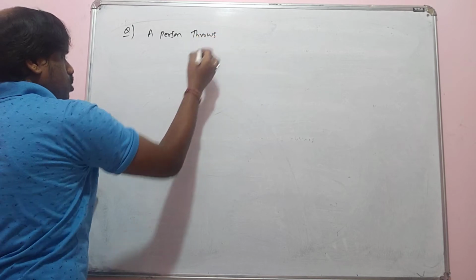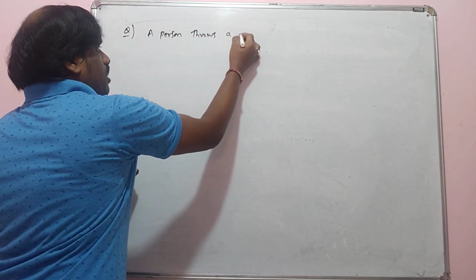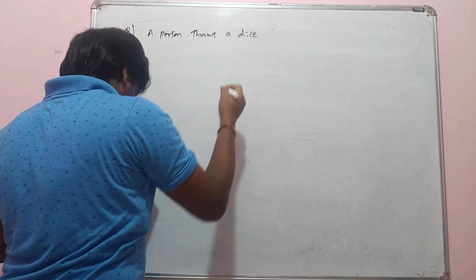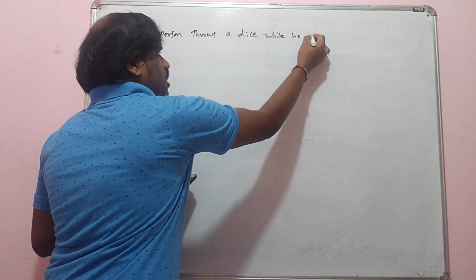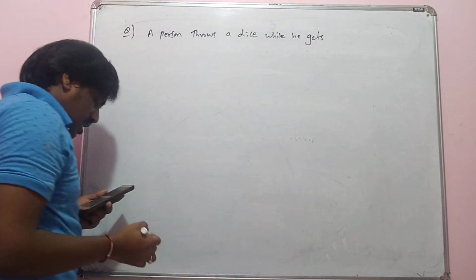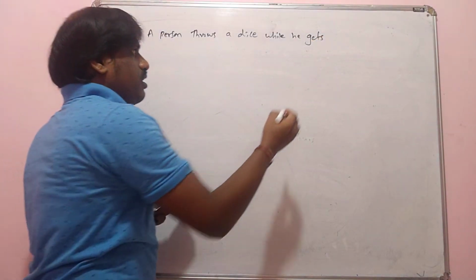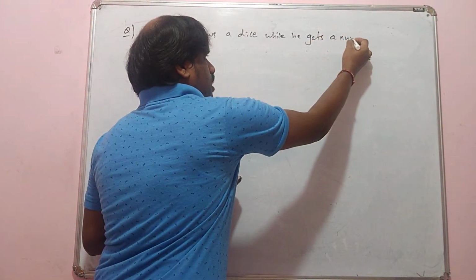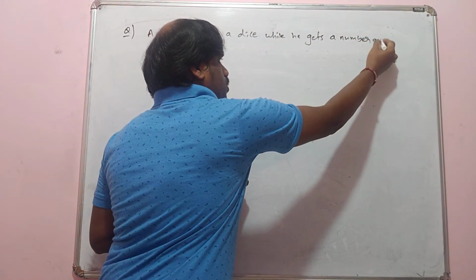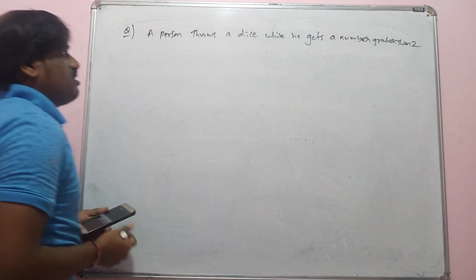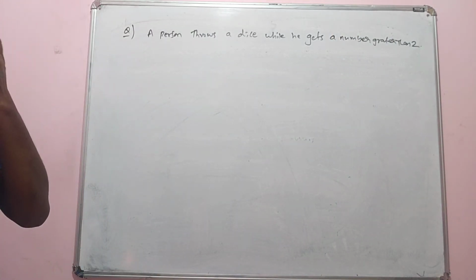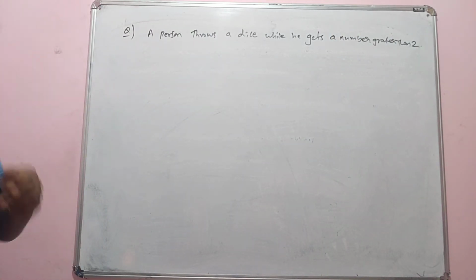A person throws a die while he gets a number greater than 2.